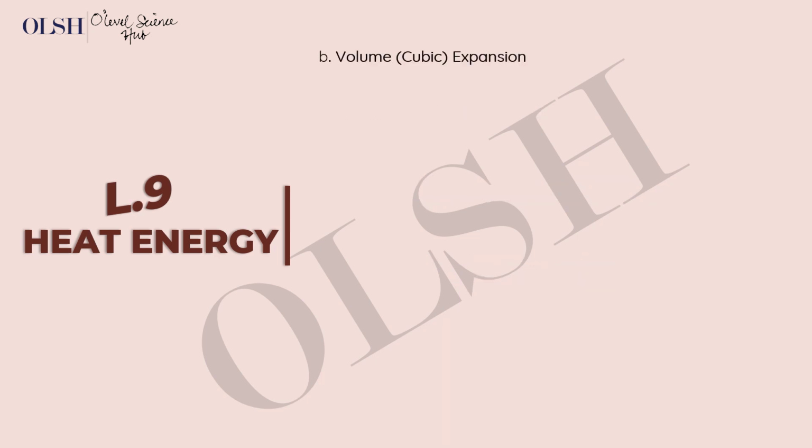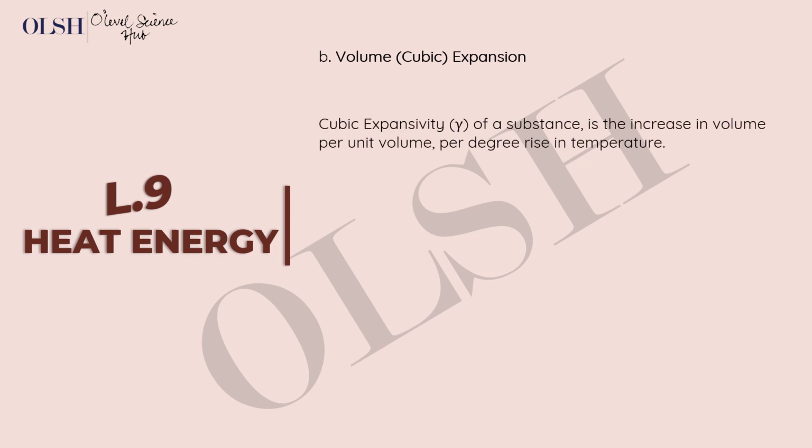So we move on to the volume expansion of substances, or you can call it the cubic expansion. I will represent this by the gamma sign. This is the increase in volume per degree rise in temperature. So we can represent that with this formula, which is increase in volume per degree rise in temperature.